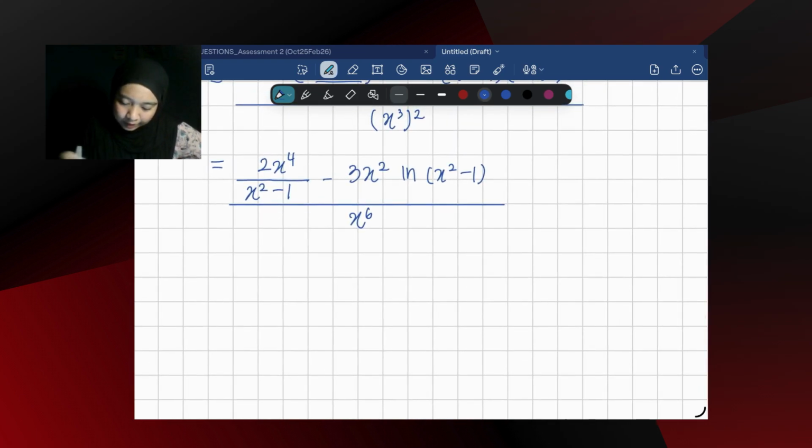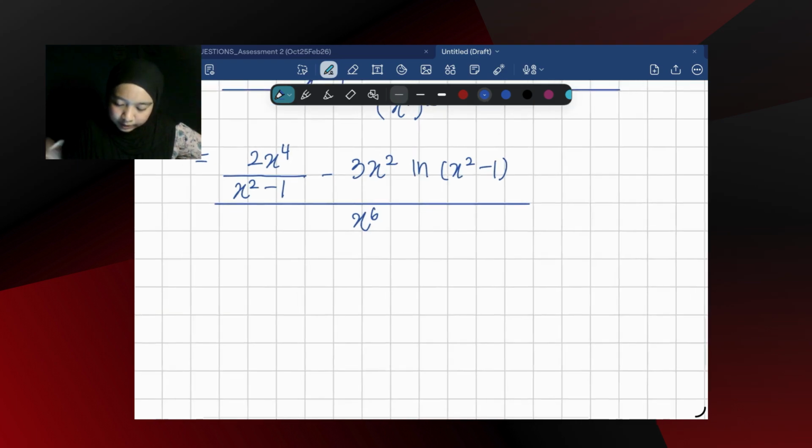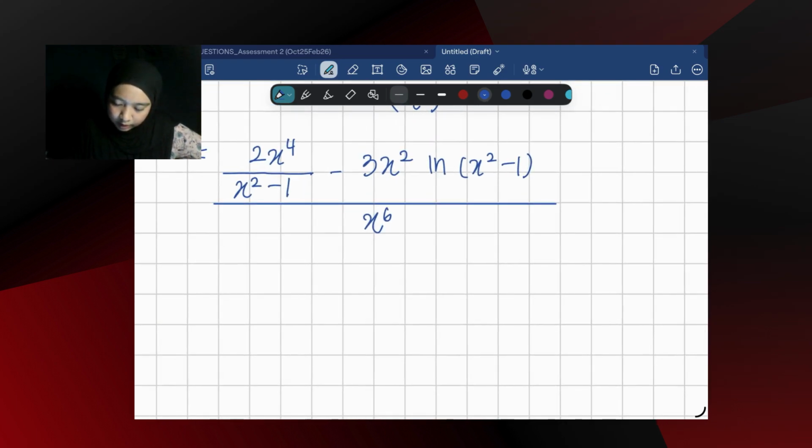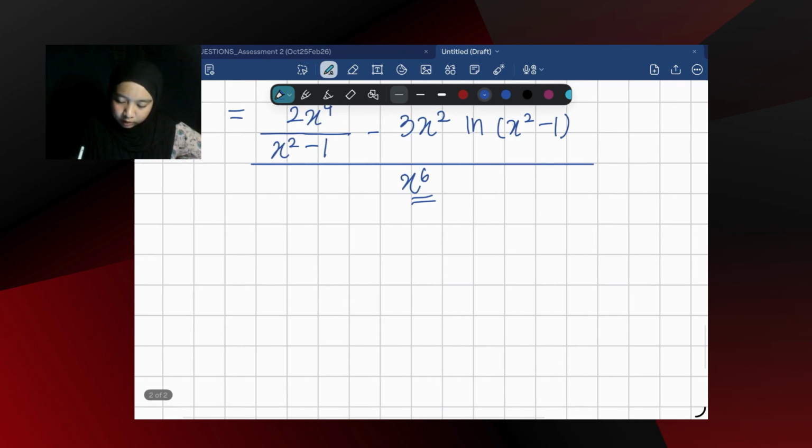We can factor out x squared, so we can cancel it out with the x squared at the bottom.